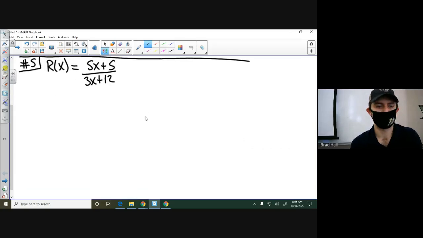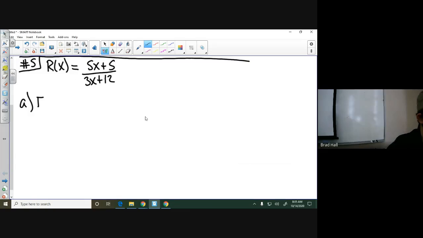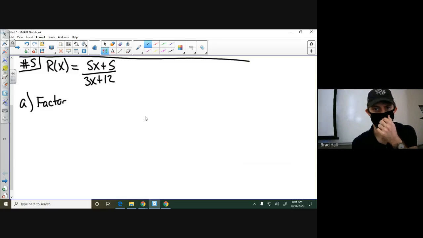So we're going to ignore that, and then it says to factor. Part A primarily says to factor the rational expression. And to factor a rational expression is equivalent to factoring the polynomials in the top and the bottom of the rational function.